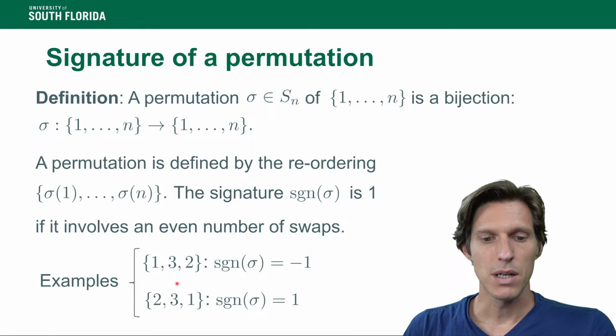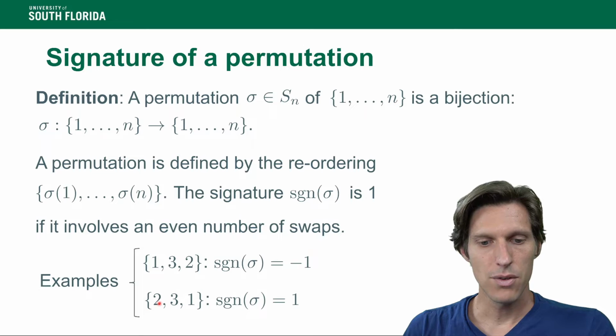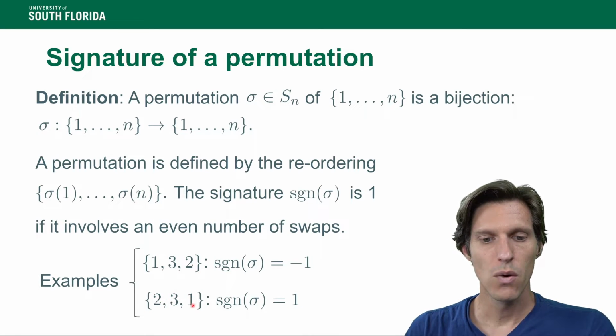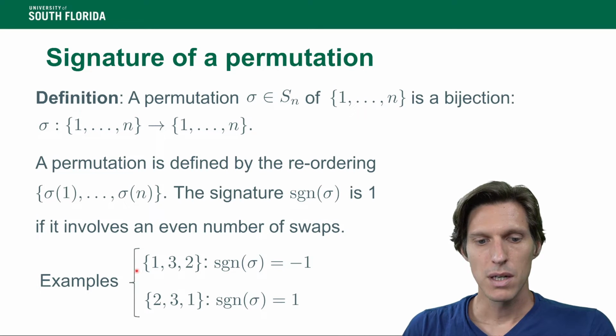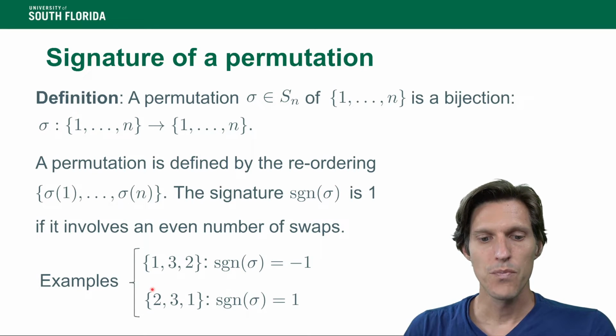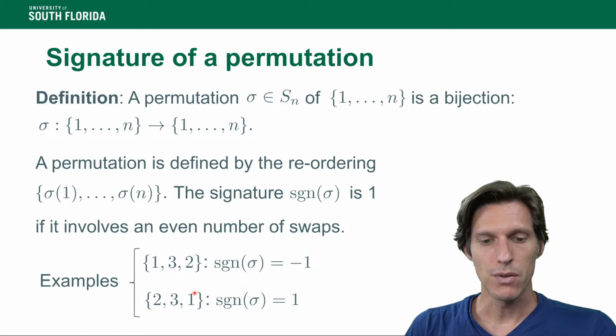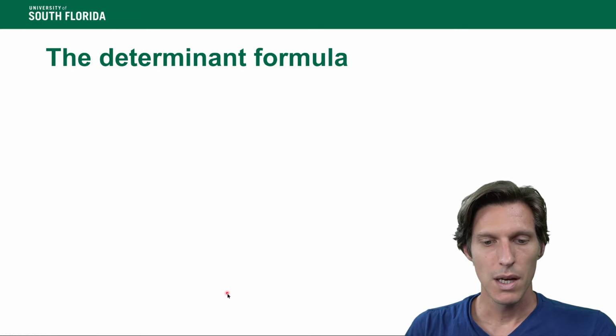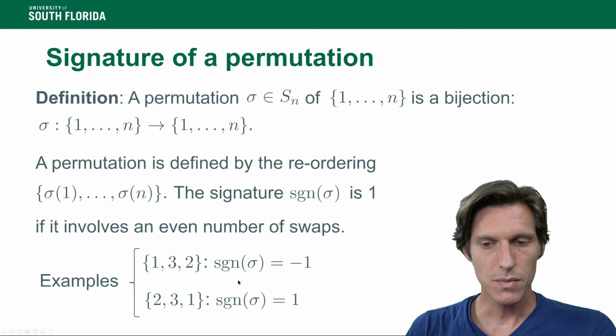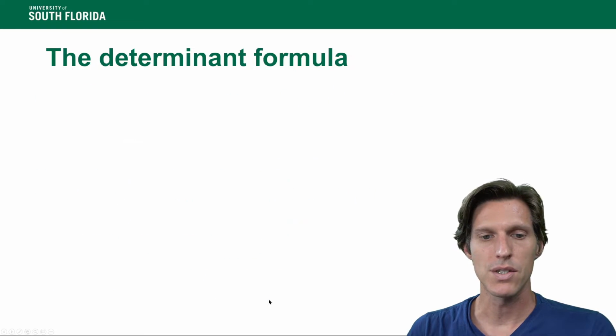Now, if we define that other permutation 2, 3, 1, then to get there, we have to permute 1 and 2, and then 2 and 3. So we have 1 as the signature.